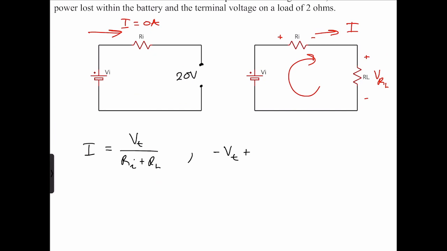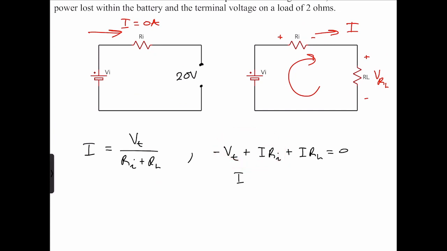And then we encounter the positive terminal of Ri and the positive terminal of RL while going this way. So then we have I times Ri plus I times RL, which is equal to 0. We can move these two over to the right hand side.